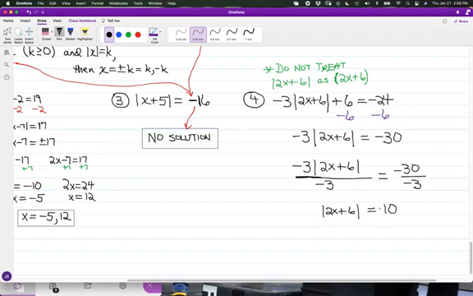Finally, it took quite a few operations to get it to the format of the absolute value of x is equal to k. Now the k value is going to be 10, and as I remove the absolute value bars, 2x plus 6 is equal to the numbers that will have a distance of 10 units away from 0. One at 10 and the other at minus 10.